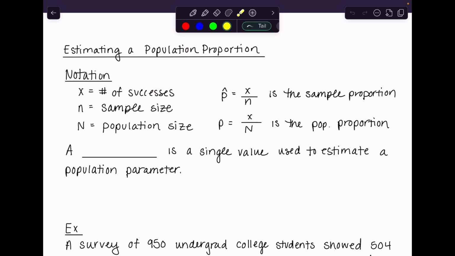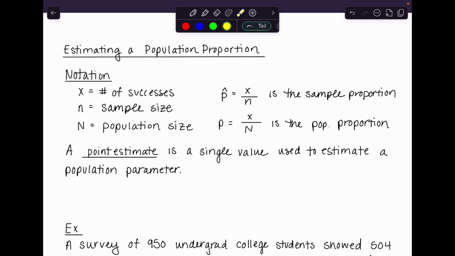So we're going to talk about different types of estimates, but the first is exactly what the sample proportion is. A point estimate is a single value used to estimate a population parameter. So here we use a single value. We're not going ahead and collecting a bunch of different ones and then finding the mean of that.